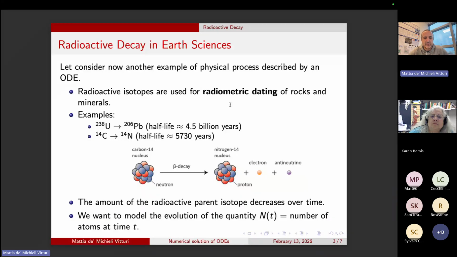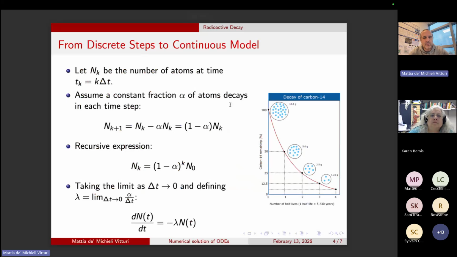And this decay is proportional to the number of isotopes that we have at some time t. So if we partition our time in uniform intervals with delta t, our grid of times can be denoted with an index k, where t_k is k multiplying this time step.